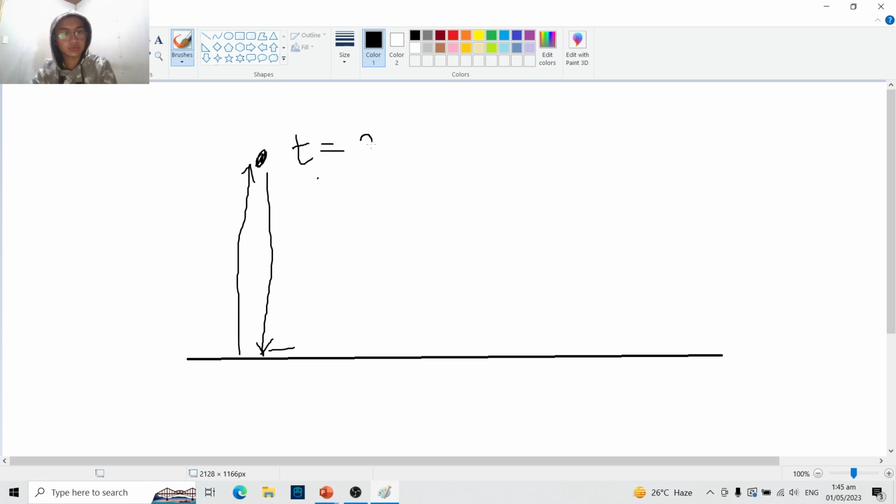Time is equals to 2 seconds diri. So meaning, kung pangitaon ang pagtugpa niya diri sa ground, imo siyang 4 seconds. Imo siyang i-times 2. So, okay.